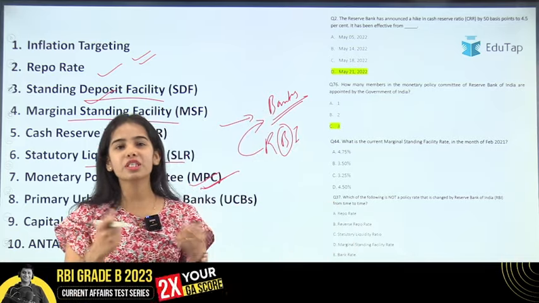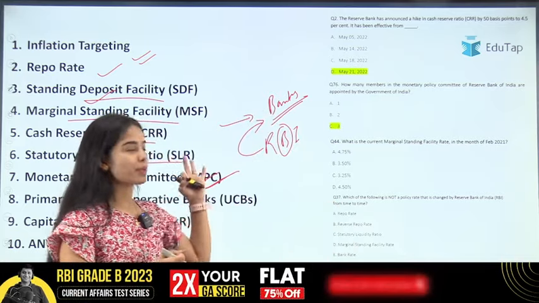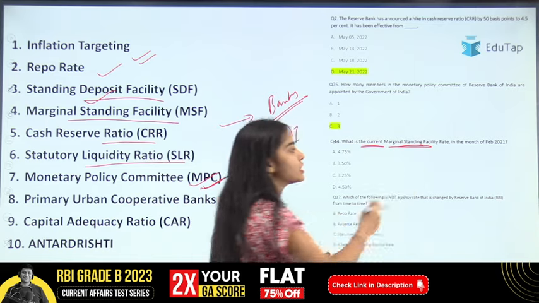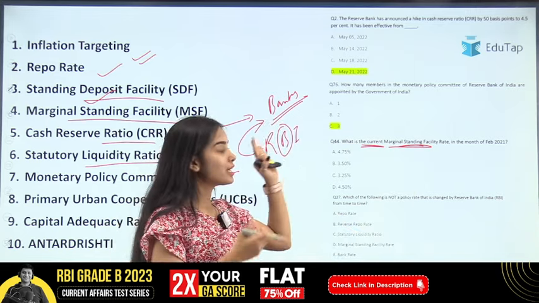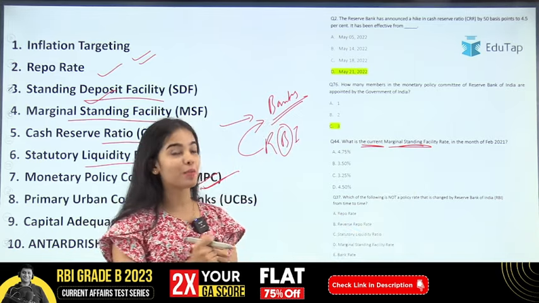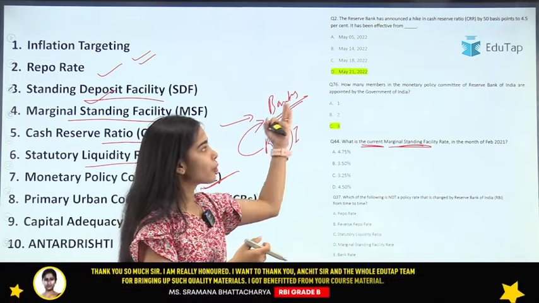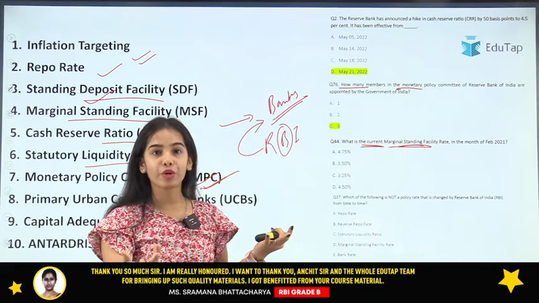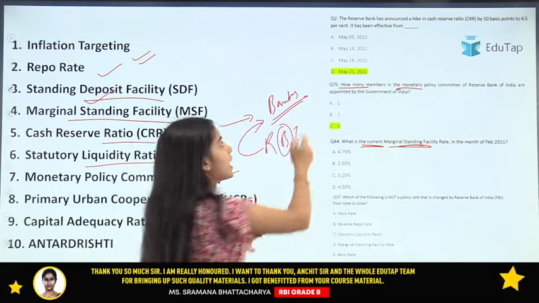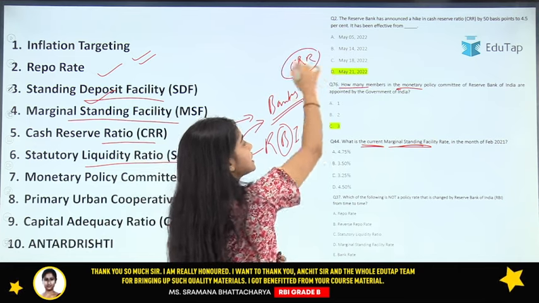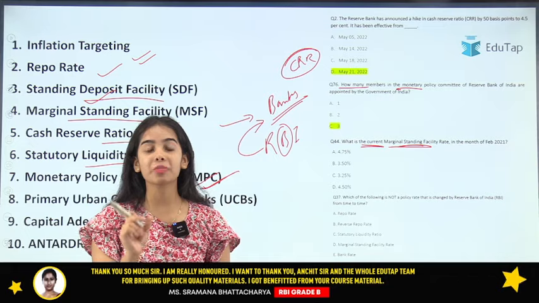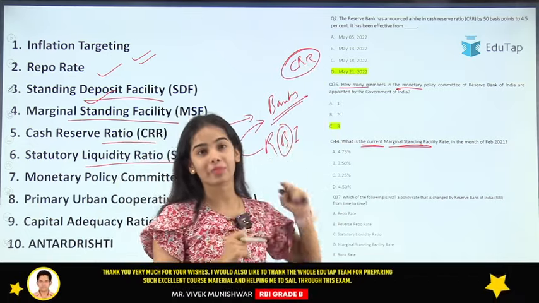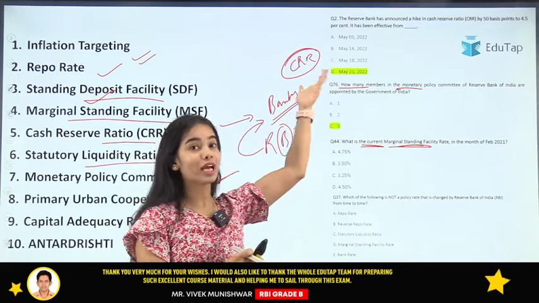What kind of questions will be framed from such terms? You can see directly, the current marginal standing facility, what is it? It was asked in the 2021 Phase 1 examination. And in the Monetary Policy Committee, you can see how many members are appointed by the Government of India. For the CRR, there was an important decision taken by the MPC, and that decision was questioned in the RBI exam, whether you know about that decision or not.